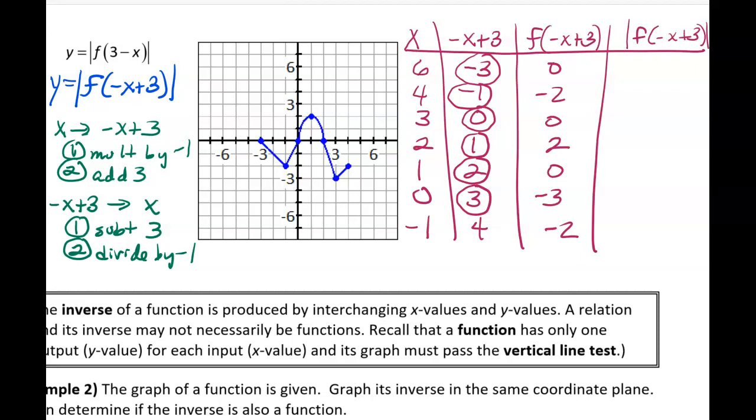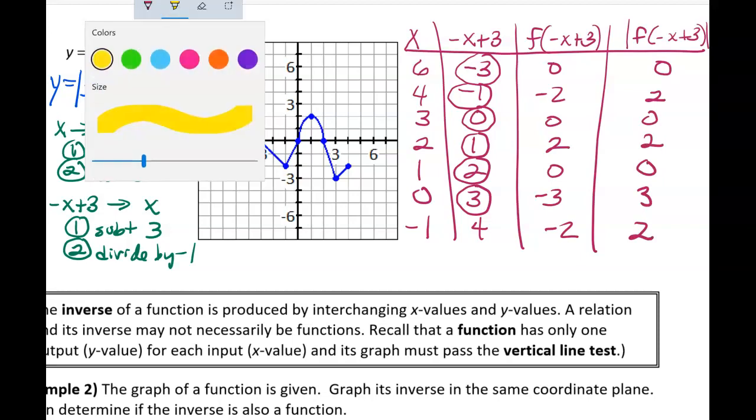All right, the y values are always easier because we're going forward for those. So we're just going to take the absolute value of each of the y values in the original function, which means we shouldn't have any negative y values.